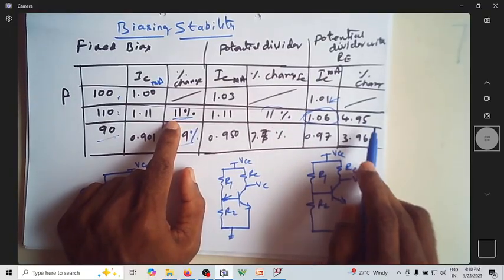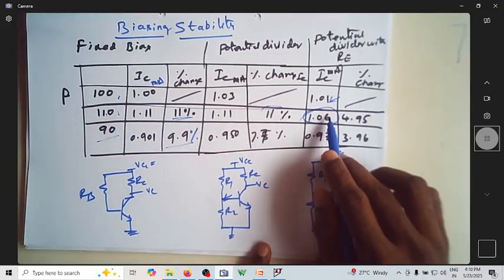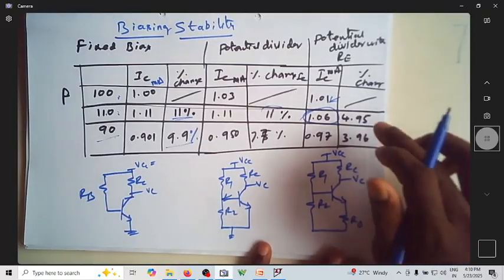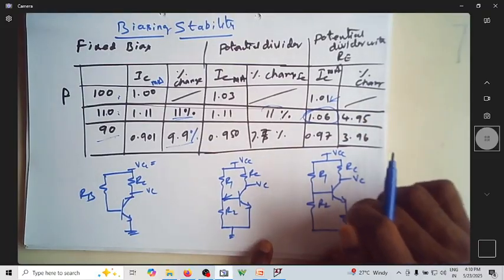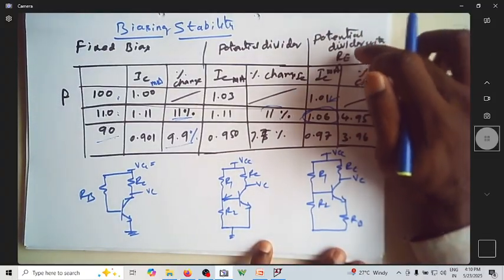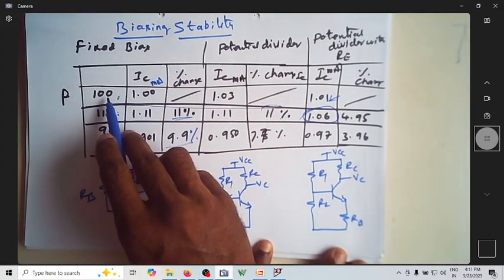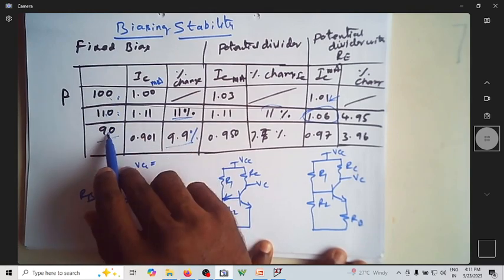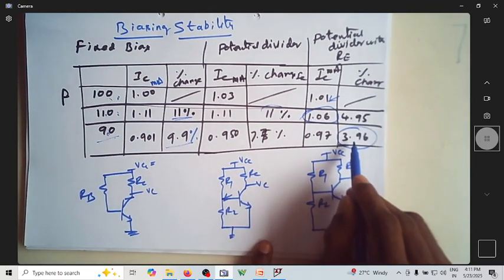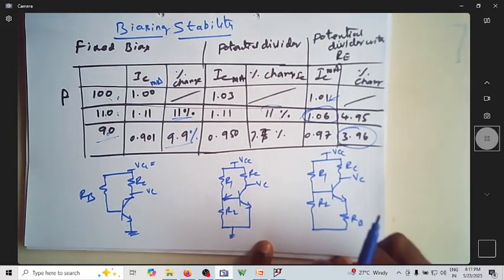Now you can see the increment is less. So as beta changes, the change in IC is not that much, so it is a more stable biasing circuit. When I change beta from 100 to 90, there's a 10% reduction in beta, but IC is reduced by hardly 3.96%. So this is still better performance.